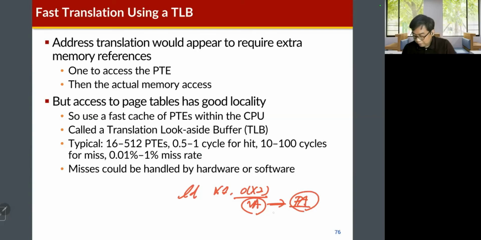The problem is that for this translation, we need to access the page table. And then where is the page table? In main memory. So, what's the problem? In order to get this translation mapping information from the page table, we need to access main memory.